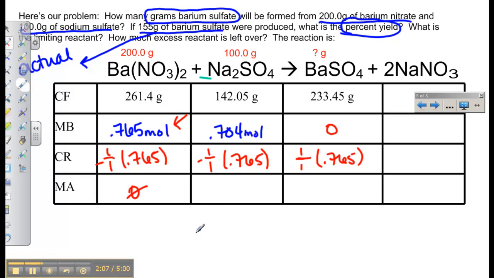Now look at what happens here. If we do 0.704 minus 0.765, that's going to give us a negative 0.061. We can't have a negative. Okay, so if your fraction times your moles ends up being more than your moles, you've picked the wrong one, and you're going to just have to erase and go back and use the other one. So that's what happens if you pick the wrong one.